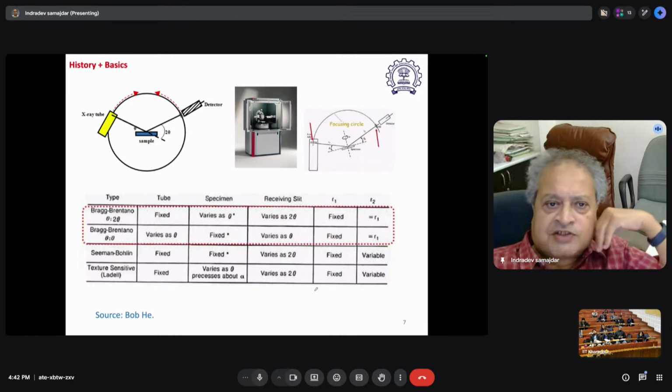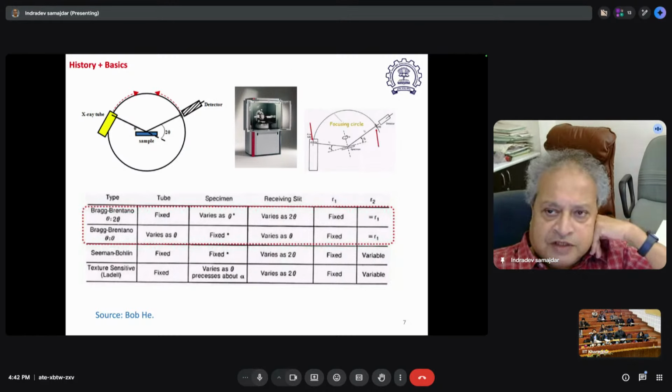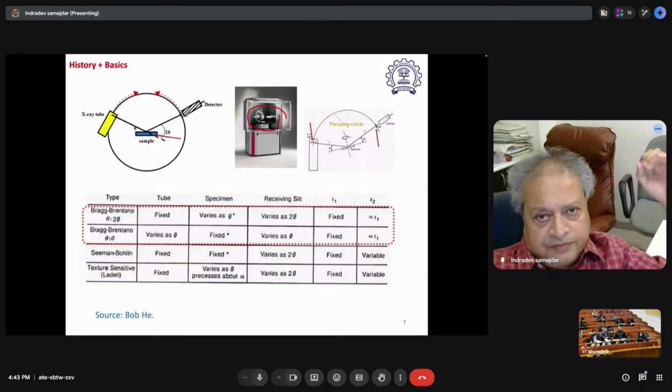A typical XRD may look like this, but it's not too different from what Bragg did. You put a sample at a particular height or Z. The X-ray tube puts an X-ray at a theta, and this geometry is 2 theta, and you get it on the detector.